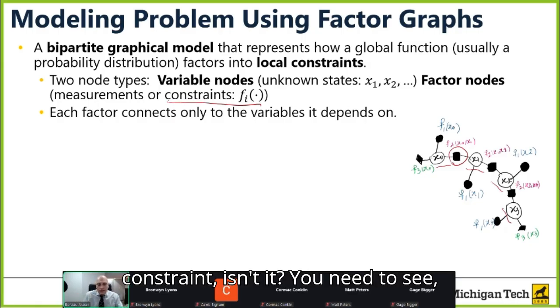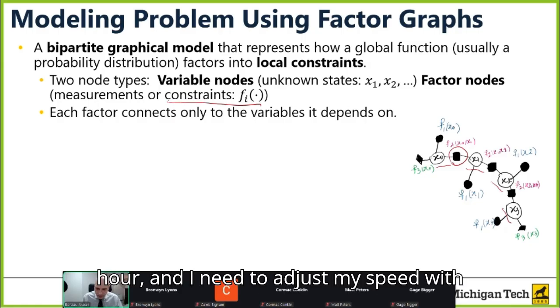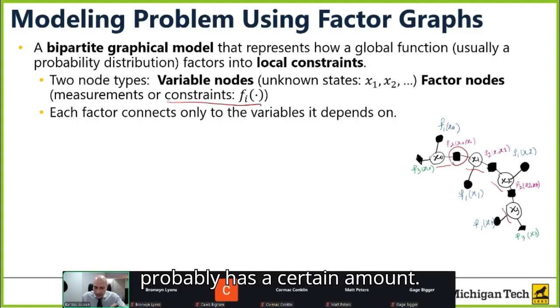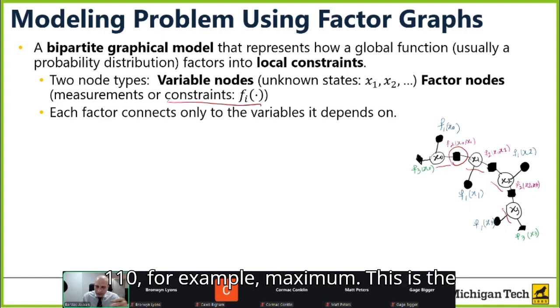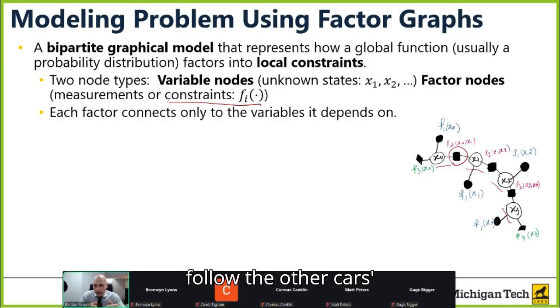All of the cars around me on a highway are driving at 100 kilometers per hour, and I need to adjust my speed to them. If I drive even slower, that's a problem too. However, you probably have a certain range. You can drive on a highway, for example, between, I don't know, 80 to 100 or 110 maximum. This is the range. But at the same time, you need to follow the other cars' traffic. You need to adjust yourself to others.